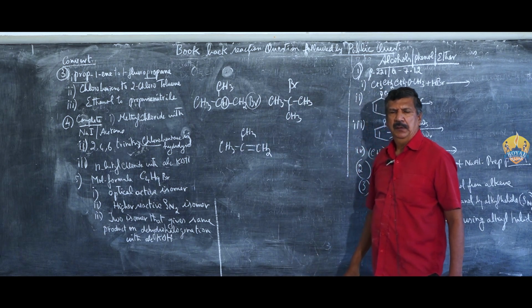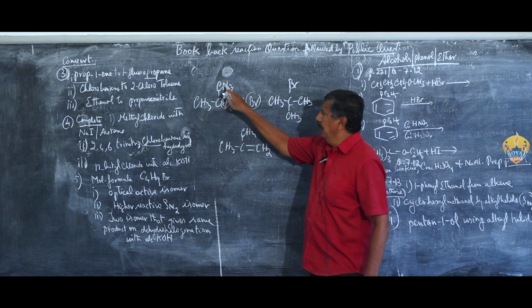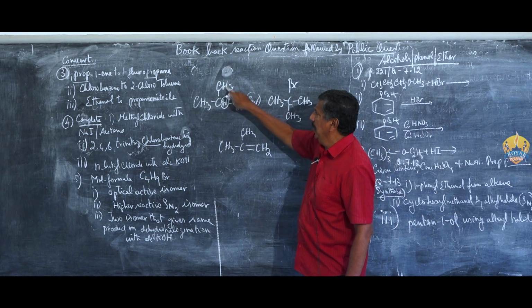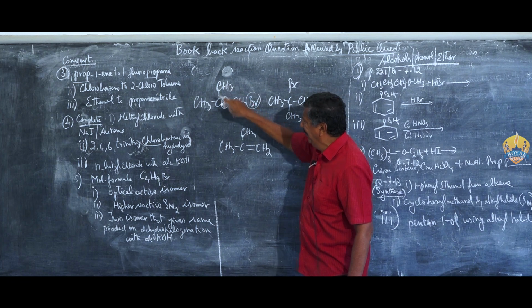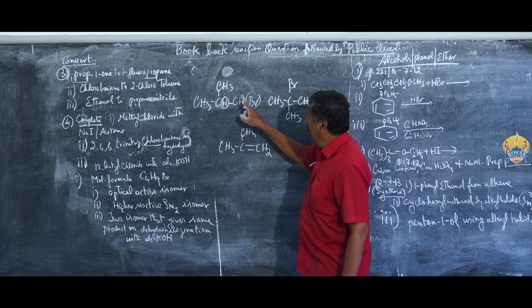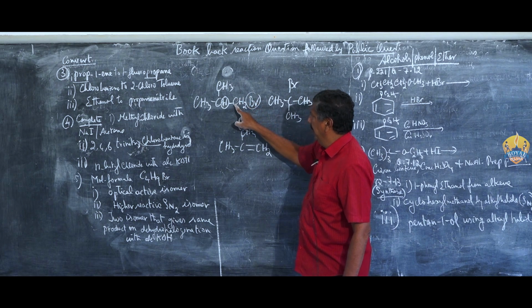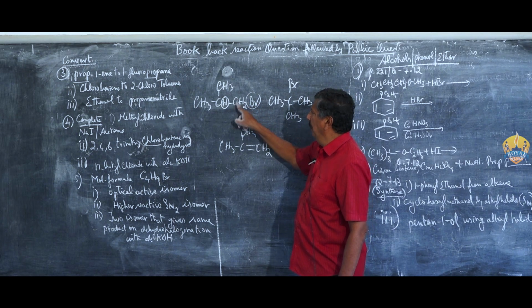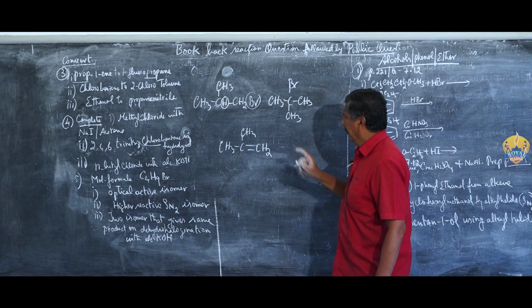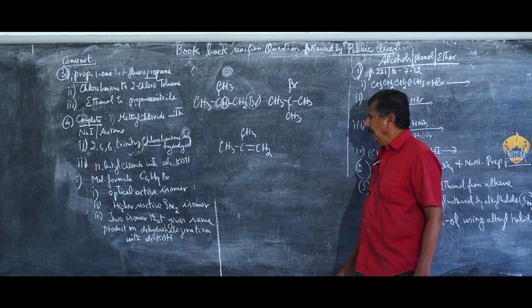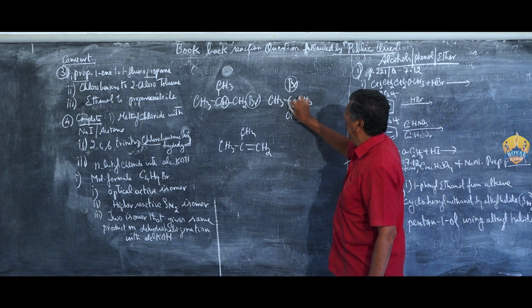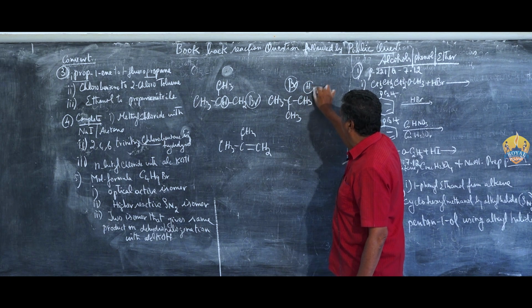We cannot remove this H, because if you want to remove this H, you have to remove the Br from this carbon. So when you remove Br from this carbon, you have to remove H from this carbon.